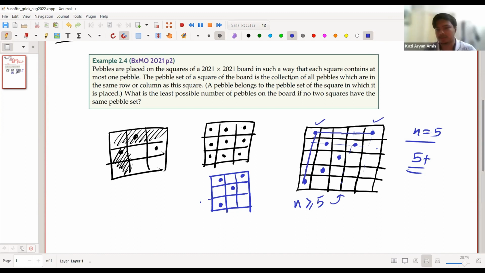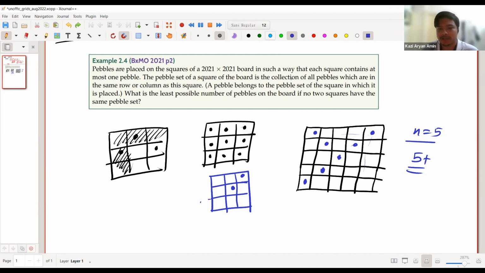So why is that true? Suppose you would just have something like, okay, just a second. So that is why you need to add more pebbles, right? To ensure everyone has a distinct pebble set.